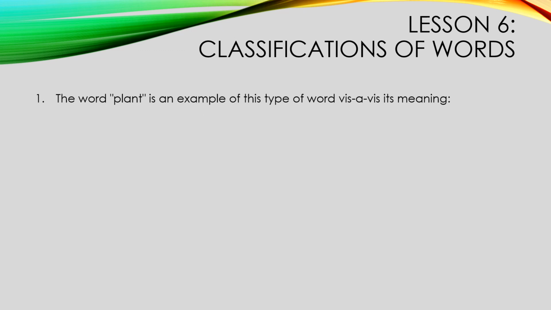So let's take a look at the questions for lesson 6, which is about the classifications of words. The first question is, the word plant is an example of this type of word vis-a-vis its meaning.